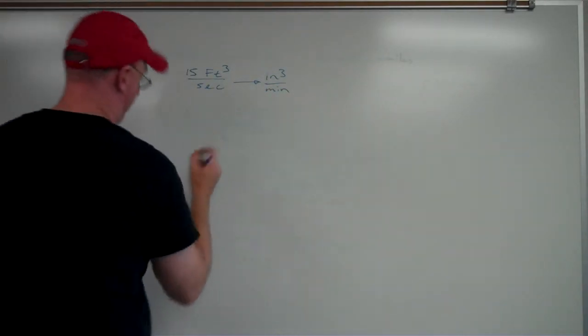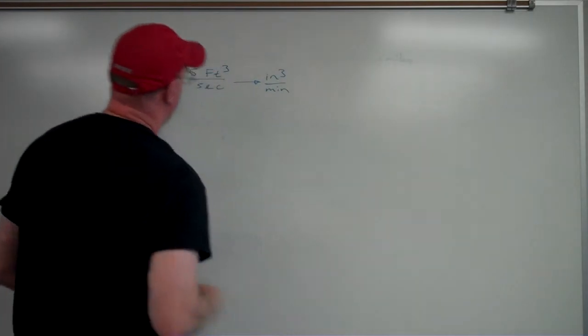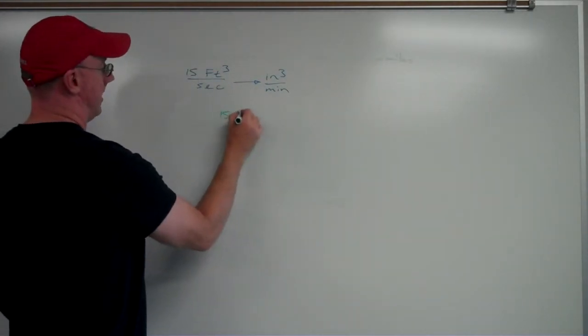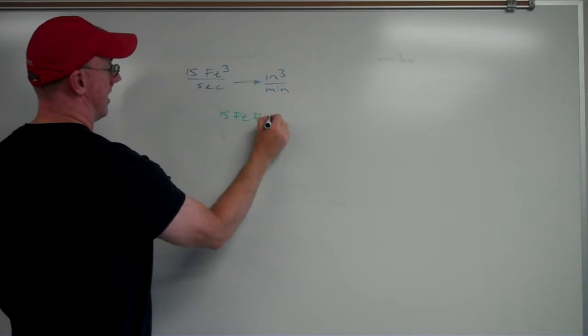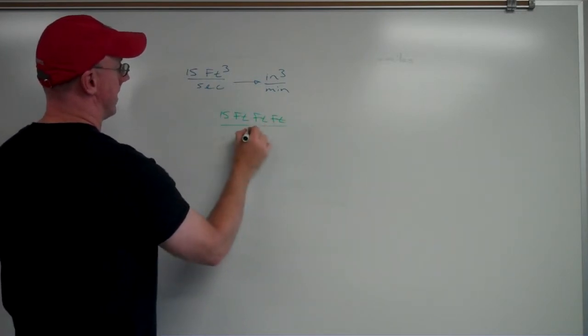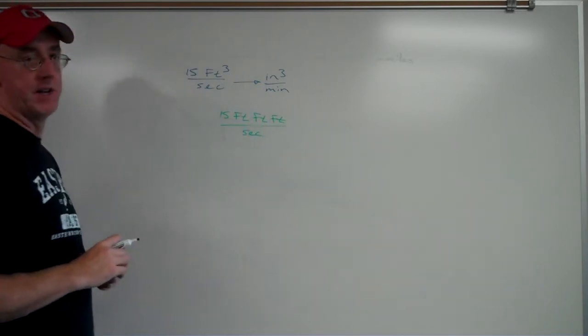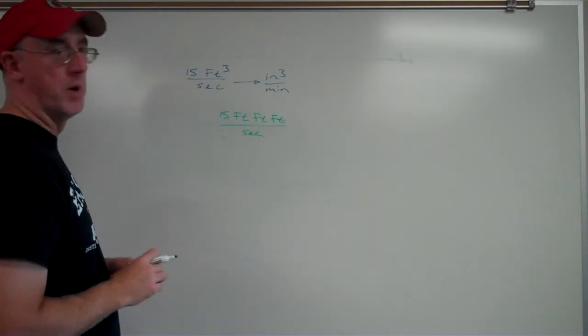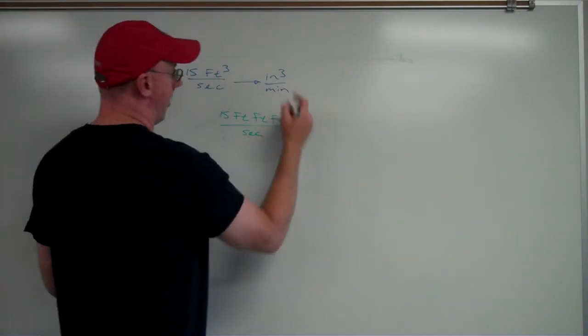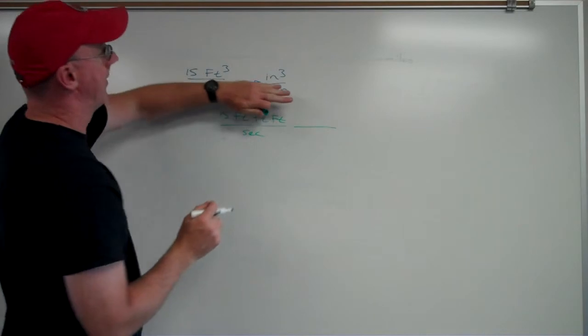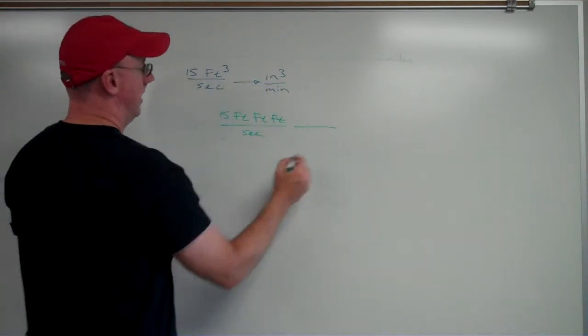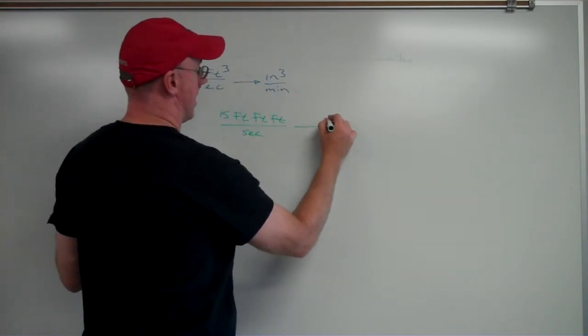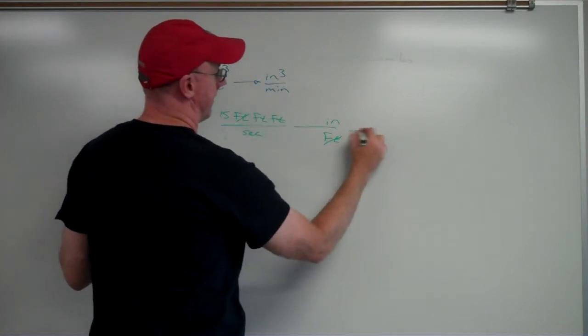Now, if you recall from last year, my suggestion was to write feet cubed as feet times feet times feet. If it was squared, you'd write it twice. And we need to go to inches cubed. So I'm going to do the top first. I'll ignore the bottom. So I'm going to need 3 conversion factors.